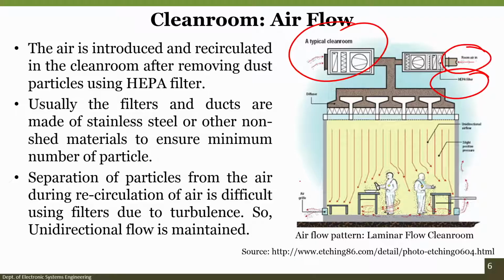So, the air is introduced and recirculated in the clean room after removing dust particles using HEPA filters. Usually these filters and ducts are made up of stainless steel or other non shedding materials to ensure a minimum number of particles. Separation of the particles from the air during recirculation of air is difficult using filters due to turbulence. So, a unidirectional flow is maintained.